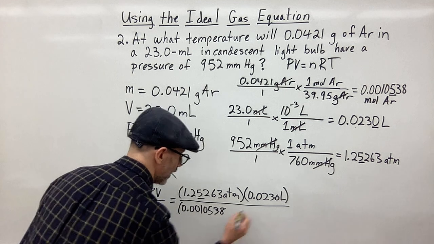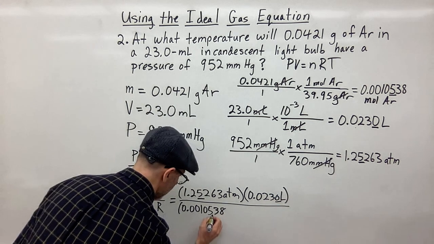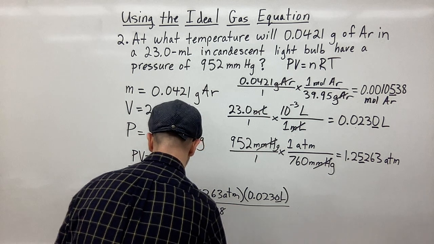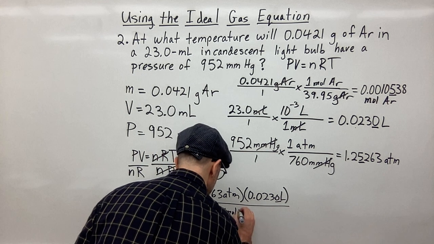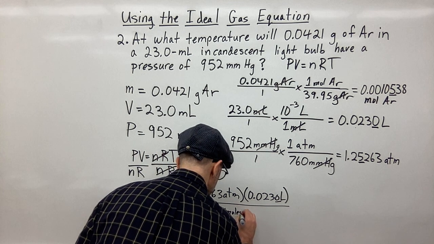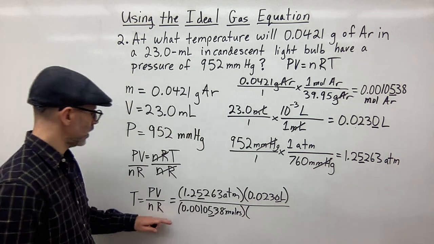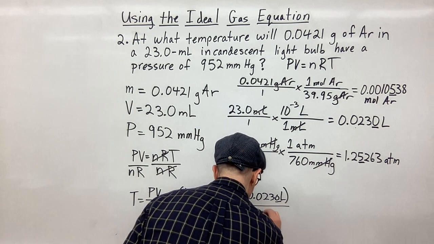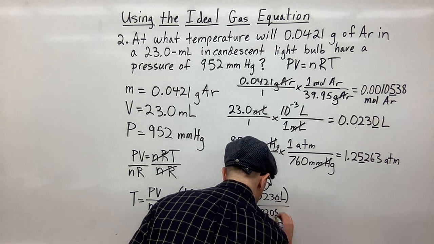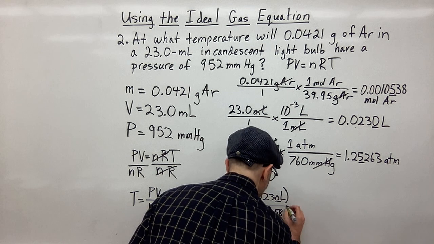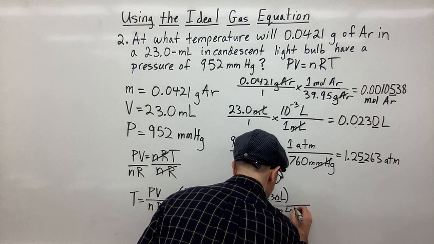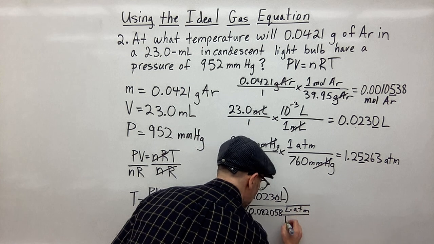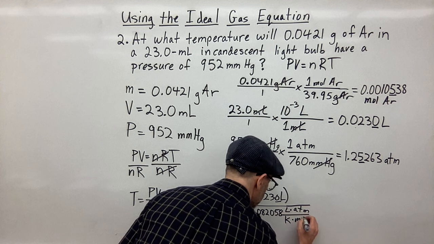I'm going to put a line here, a line there, and a line there. And this is going to be moles. And the R value, as I said, we're going to be using 0.082058, and that's going to be liter atmospheres over Kelvin mole.